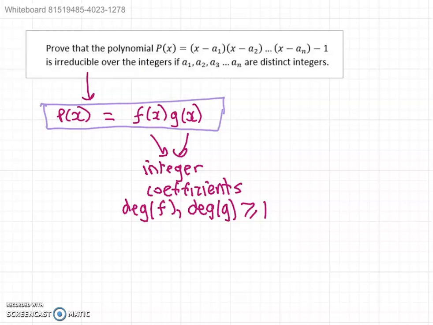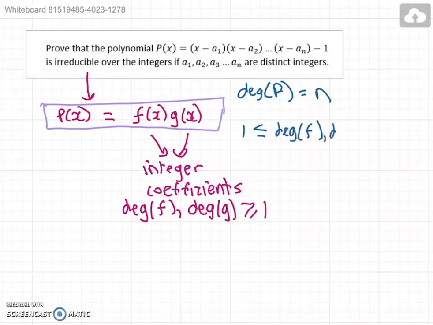So since p of x has degree n, and since the degrees of f and g are at least 1, the degrees of f and g must be between 1 and n minus 1. This is because neither f nor g can have degree n, because the other one would have degree 0.